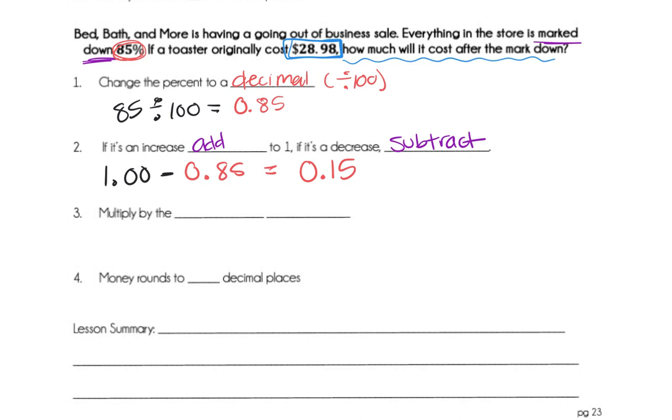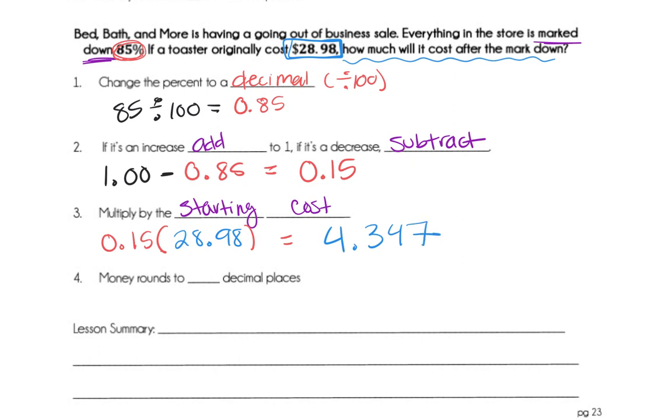So we take that decimal and we multiply by the starting amount, the starting cost, which was $28.98. Get 4.347.